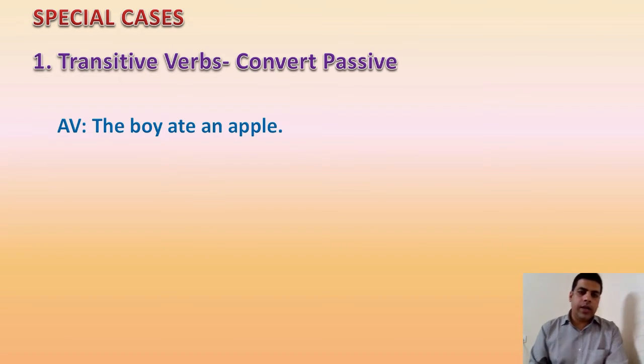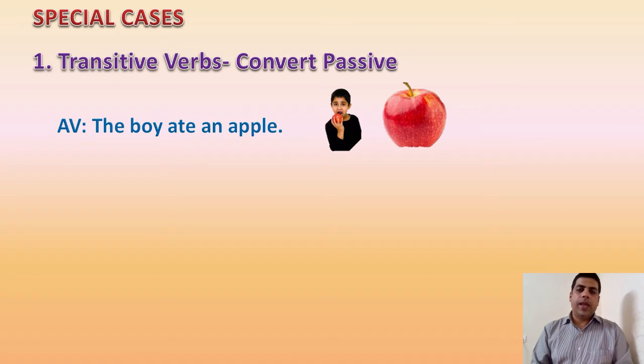Now, if we look at the example here, the boy ate an apple. The boy is the subject, an apple is the object. Now, what is the verb or what is the action? Ate. So, the eating process is moving from this boy to the apple.